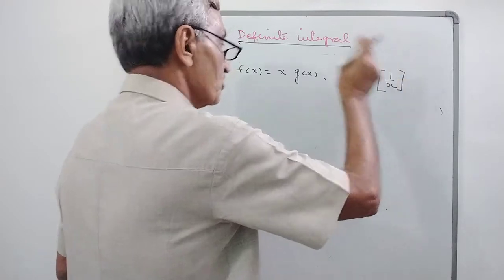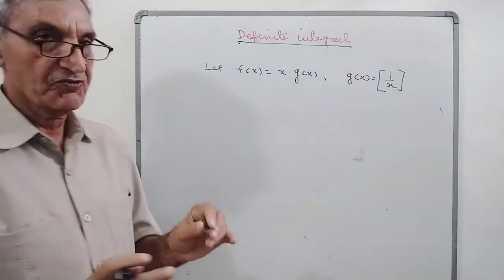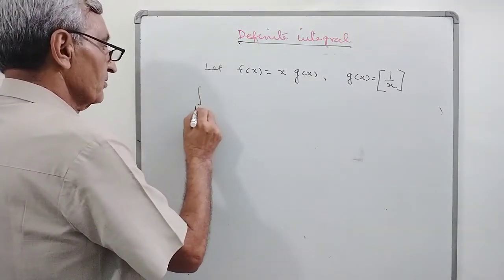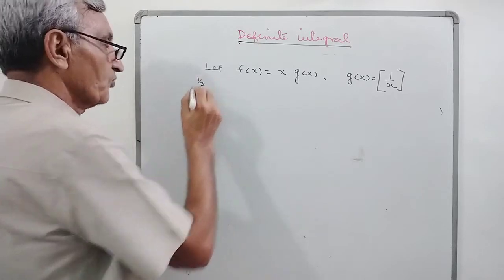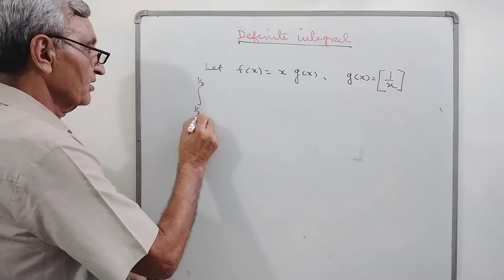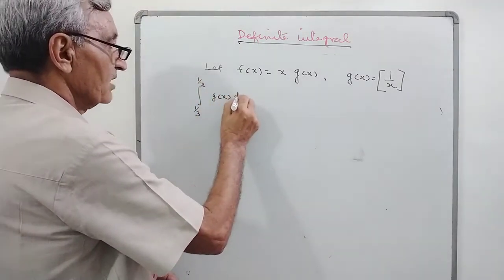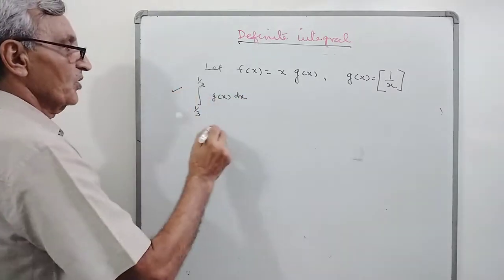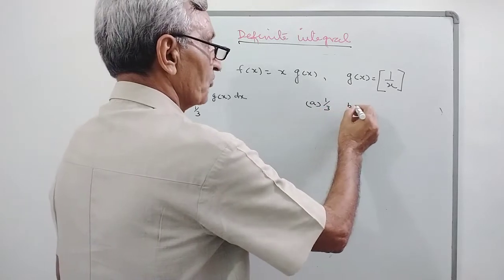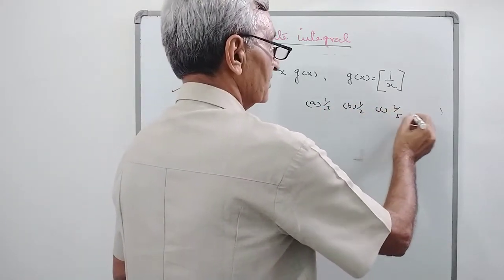First of all, he asks us to find the value of the integral from 1 by 3 to 1 by 2, sorry, this has to be reversed, of gx dx. That is the first question. What is the answer? Choices are given: A is 1 by 2, B 1 by 3, C 1 by 5, D 2 by 5, or E none of them.